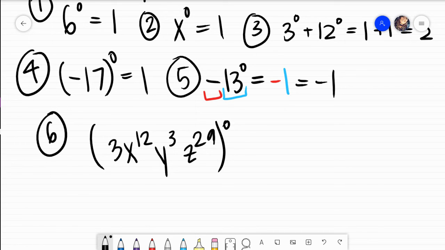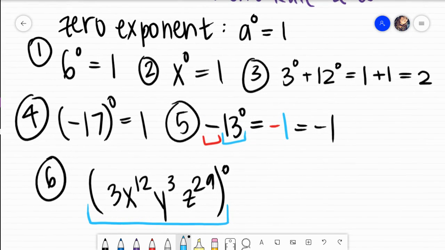I want you to look at our 4th example that we did. That negative and that 17 were both inside of parentheses, so they were both being evaluated with the exponent of 0, and it went to 1, right? So now this is technically my A, the base being raised to 0.